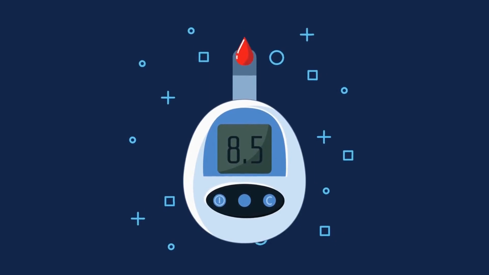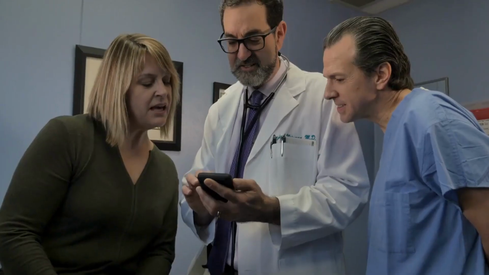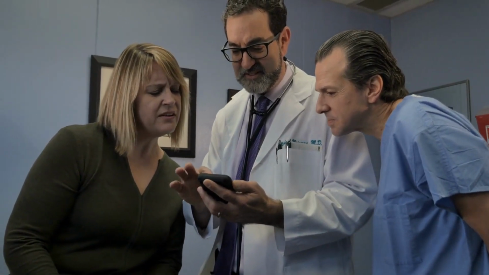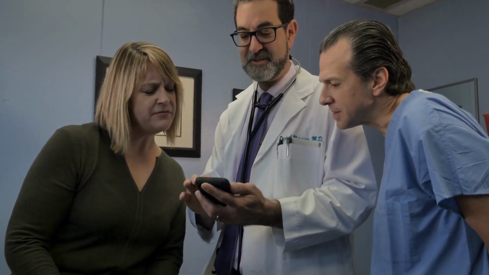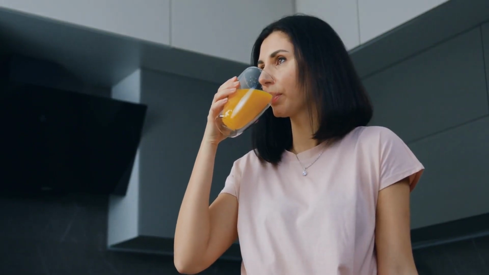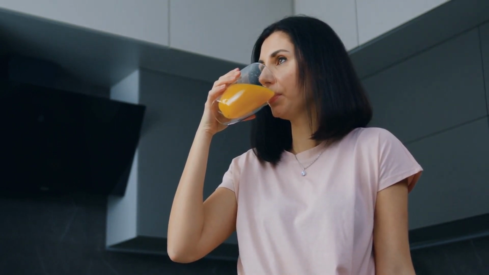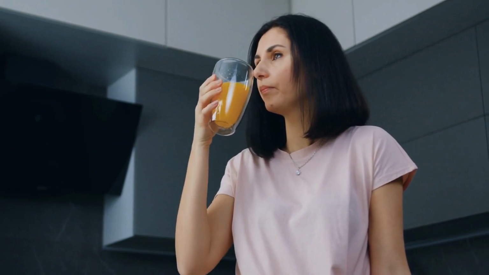1. Fasting blood glucose test. This test measures your blood glucose levels after an overnight fast. A fasting blood glucose level of 100 to 125 mg/dl may indicate insulin resistance. 2. Oral glucose tolerance test, OGTT. This test measures your blood glucose levels before and after you drink a sugary solution.